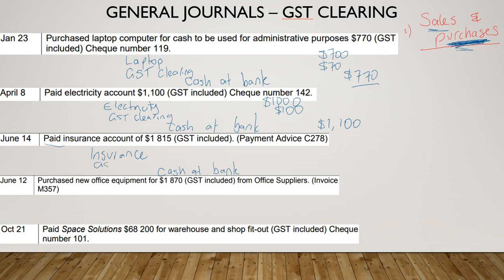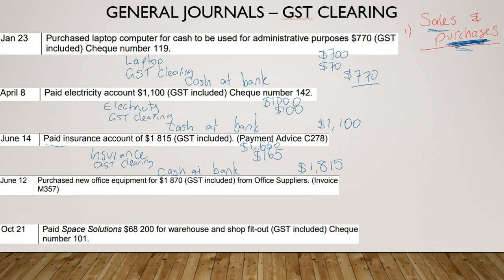That's going to go in our purchase, GST clearing. So cash at bank is going to be the full amount. Cash at bank's going down, so it's a credit. $1,815, we take out the 165 for GST, which leaves us with 1,650. Not enough room there for the insurance.